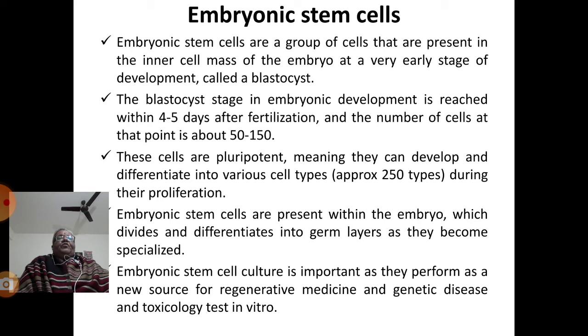And these are pluripotent. That means they can develop and differentiate into various types, approximately 200 to 250 types of cells during their proliferation. And these are present within the embryo. They divide and differentiate into germ cells and they become specialized, okay?